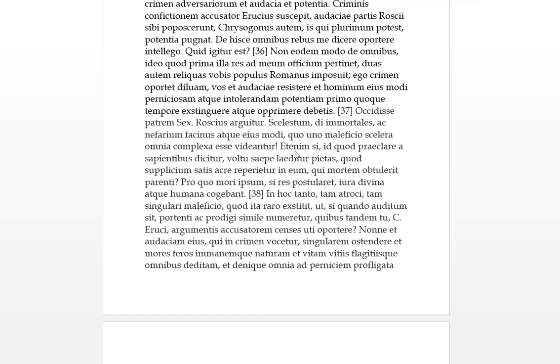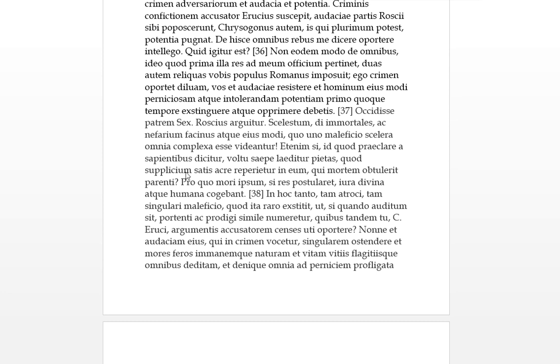Etenim, again, that's just for et. For also, see if, id quod, this which, praeclare, which seems to be famous, dictum, this thing which is said famously by sapientibus, by the wise, voltu saepe laeditur pietas. So often pietas, piety, is laeditur, injured or struck. Voltu is your appearance or your bearing, by your look.